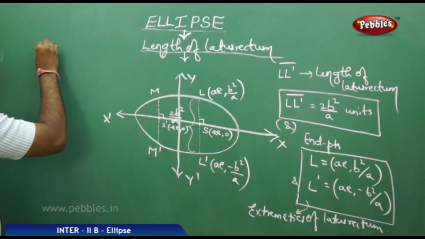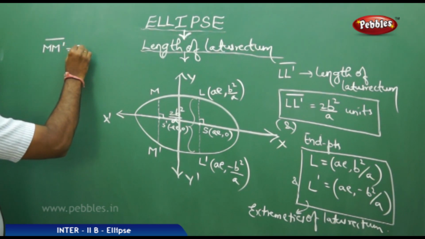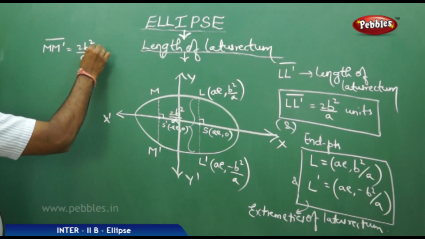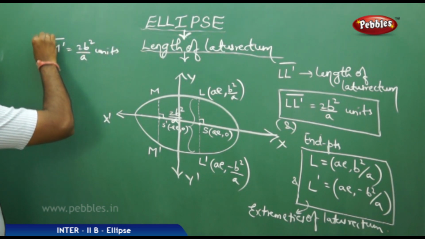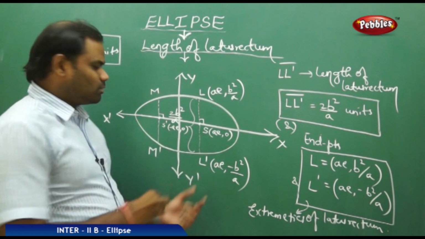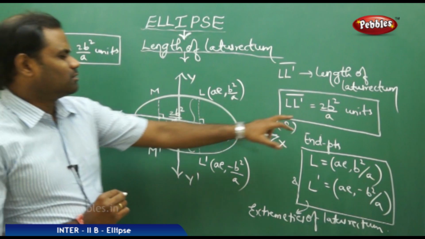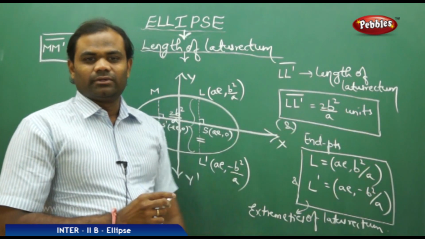So the length of the other latus rectum is also 2b square by a units, is what we identify. The length of both the latus rectums are equal, each of them with value 2b square by a units.